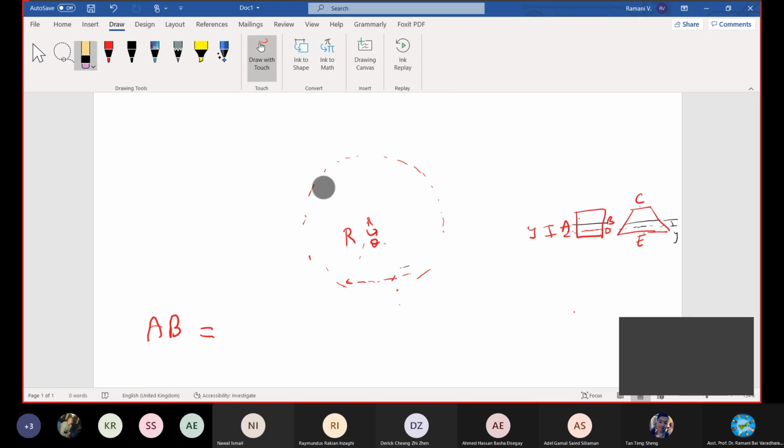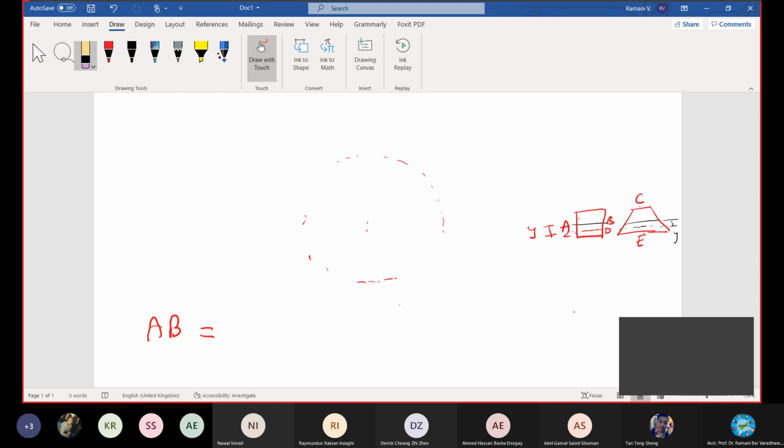I'll draw it clearly for you. I'm sorry, the drawing is not clear to you. One moment. Give me a minute, I will draw clearly for you. I'll just follow exactly the same notation.